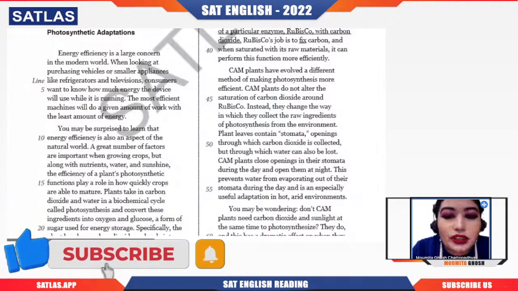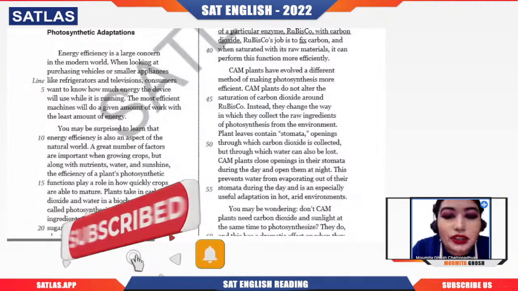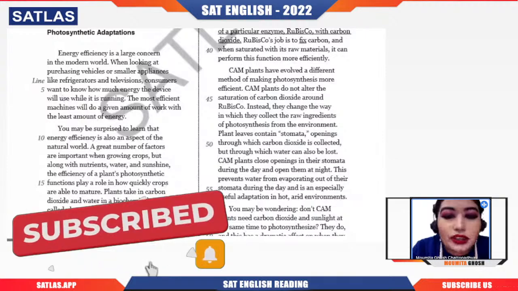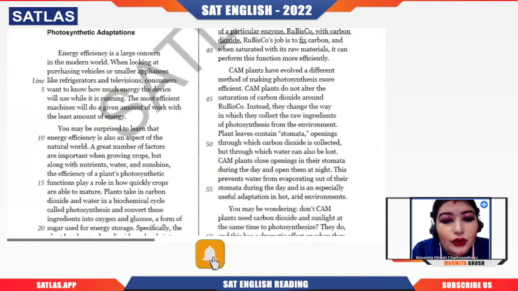When looking at purchasing vehicles or smaller appliances like refrigerators and televisions, consumers want to know how much energy the device will use while it is running. The most efficient machines will do a given amount of work with the least amount of energy.